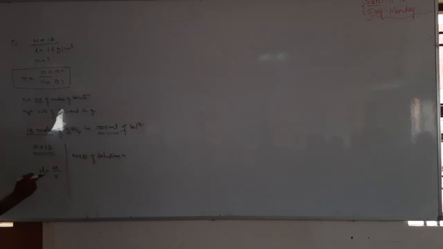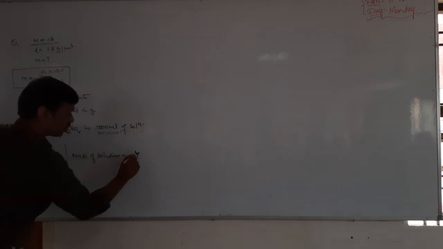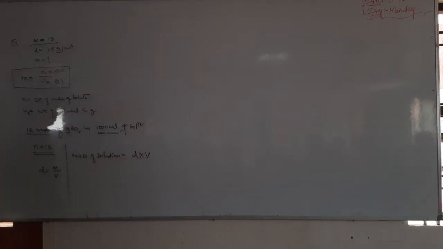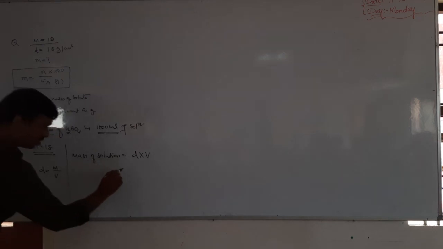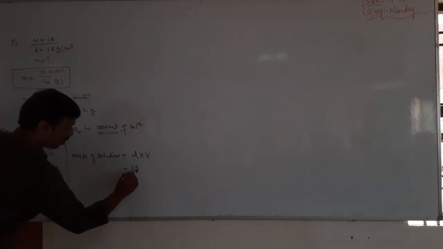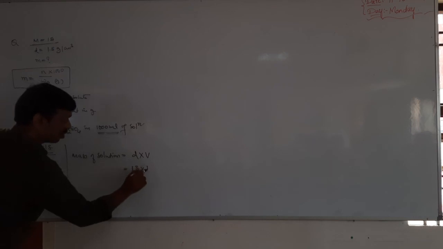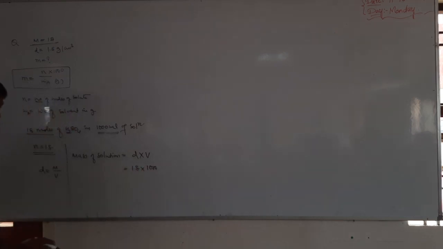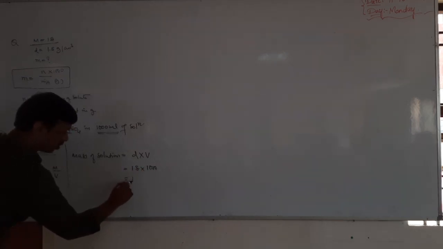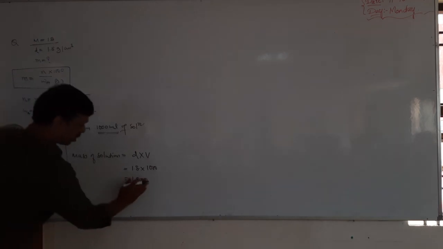Mass of the solution equals density of the solution into volume of solution. Density given is 1.8, volume is 1000 ml.